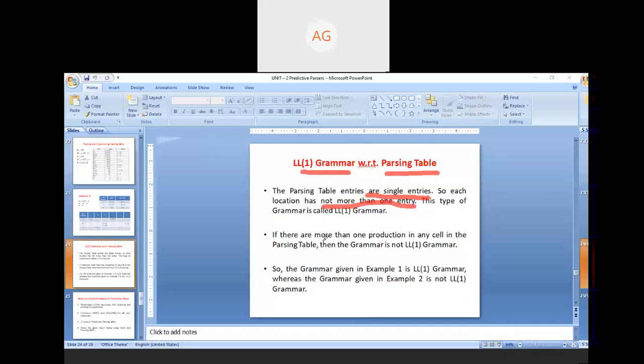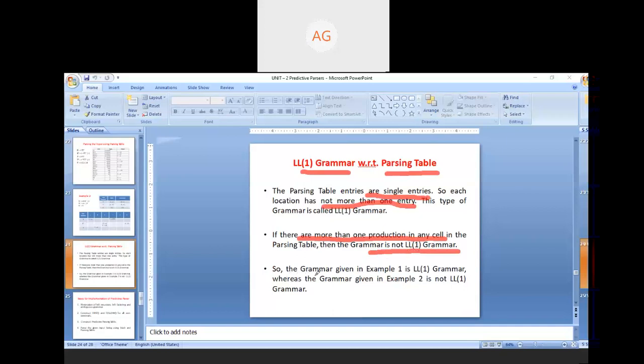If there is more than one production in any cell, then the grammar is not LL1. We already discussed this in our previous slide.